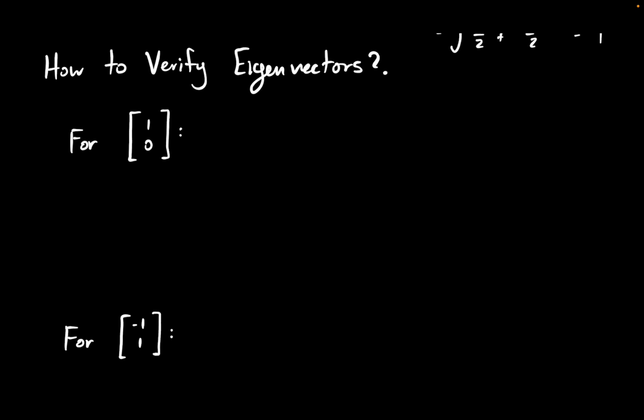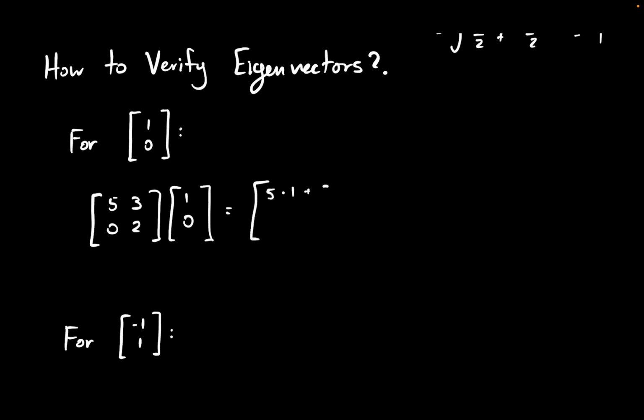Okay, so back to verifying. For our 1, 0 eigenvector, we have our matrix A, 5, 3, 0, 2, and we multiply by 1, 0. We'll have 5 times 1 plus 3 times 0, and then 0 times 1 plus 2 times 0, which leaves us with 5, 0.